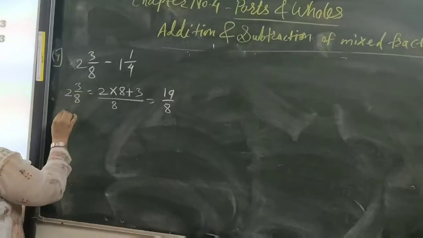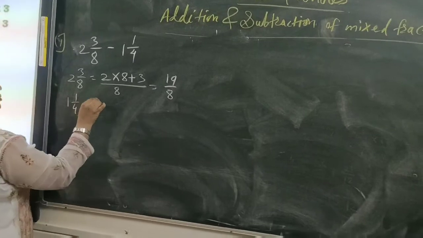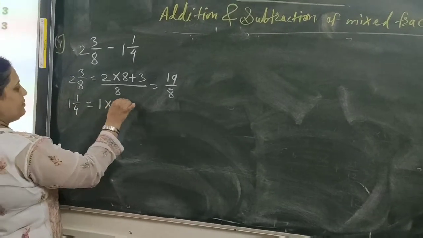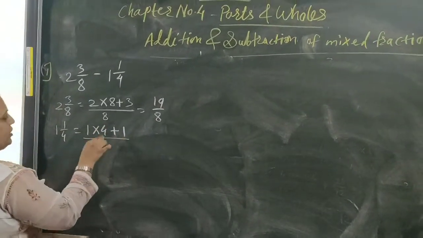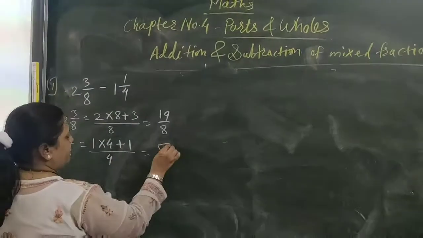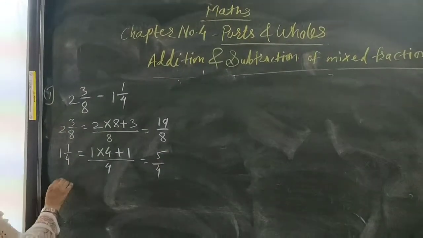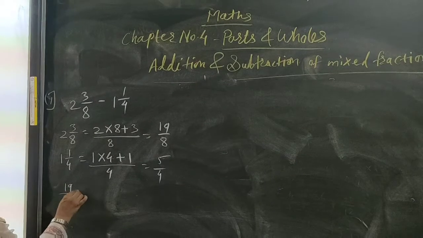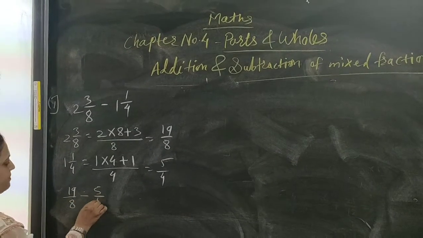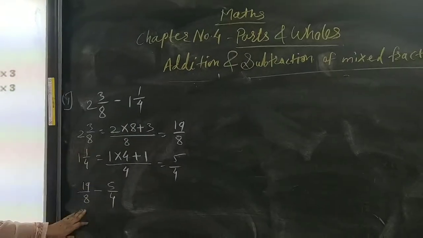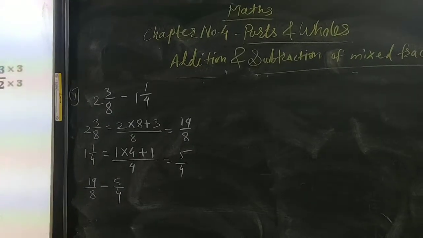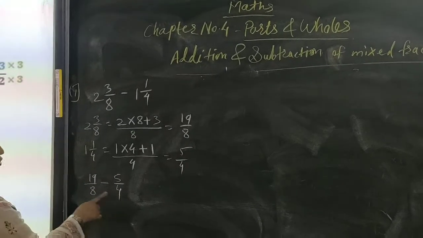Next is 1 1 by 4. So whole number multiplied by denominator, add numerator. 4 1s are 4 plus 1, 5 by 4. Now we got 19 by 8 minus 5 by 4. Now here denominators are not the same. So we have to make the denominator same. 4 2s are 8, easily we can do.